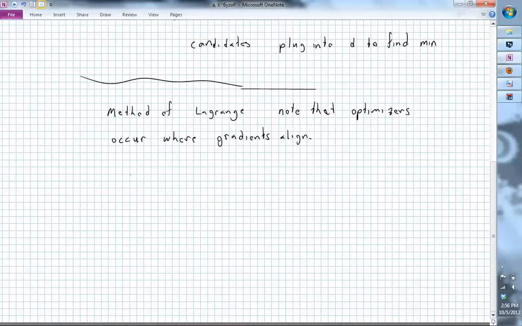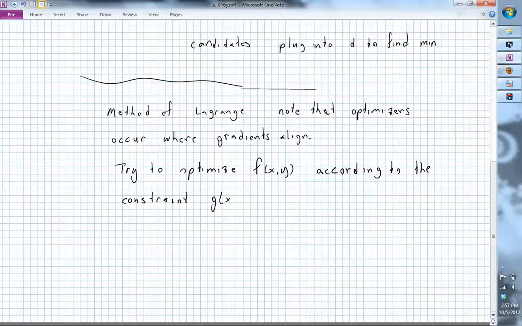So let's say we're trying to optimize some function f of xy according to the constraint g of xy equals some constant c.